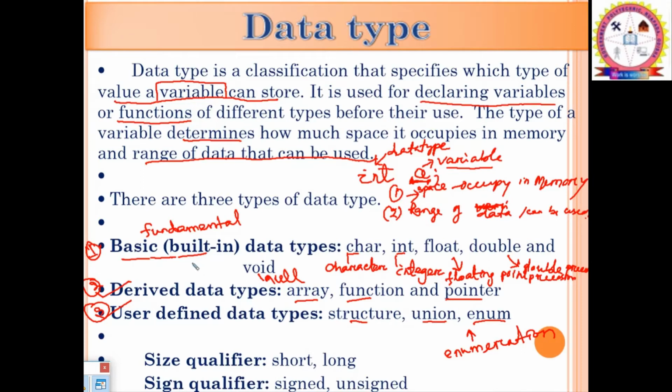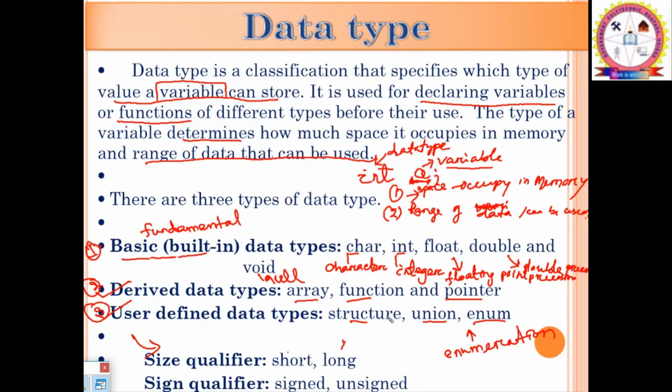And these data types also contain some qualifiers. The basic data types contain qualifiers: the size qualifier, that is short and long. The int data type can be extended using the long qualifier.